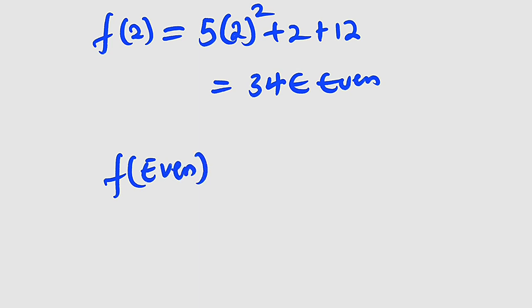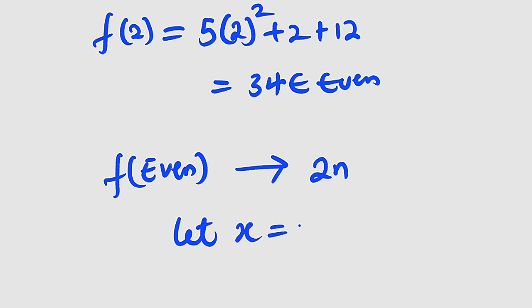How can we test f of even? We know an even number is defined as what? 2n. Any integer you take and multiply by 2, you're going to obtain an even number. So let x be equal to 2n. Let's find out.